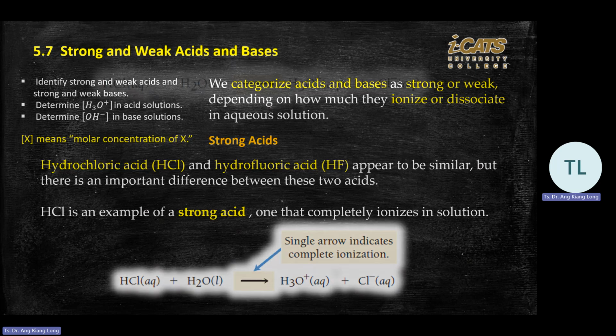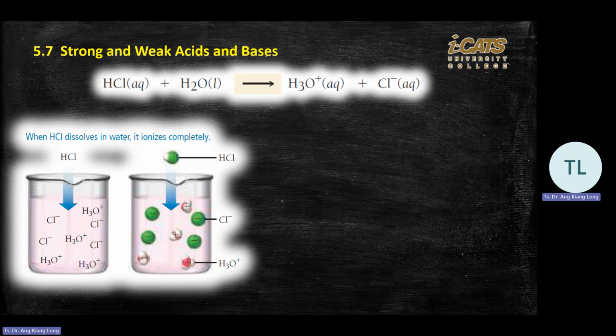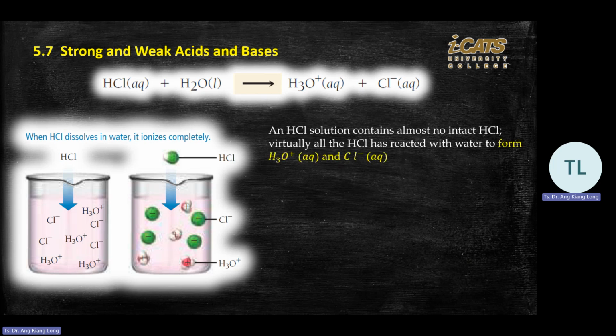This is just an illustration. If you put in HCl, it will break into H plus or H3O plus and Cl completely. If it's strong, there is almost no intact HCl; they break into ions 100%.